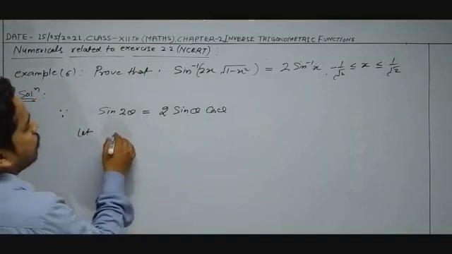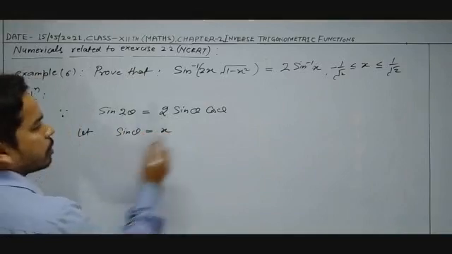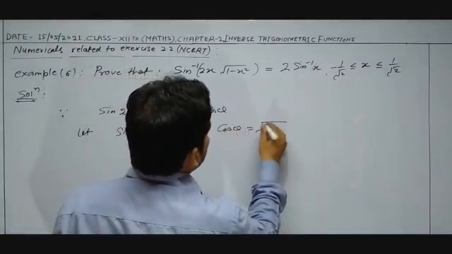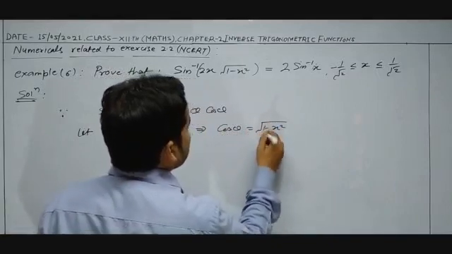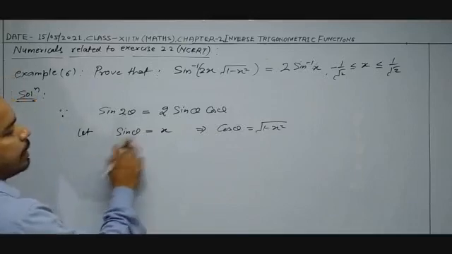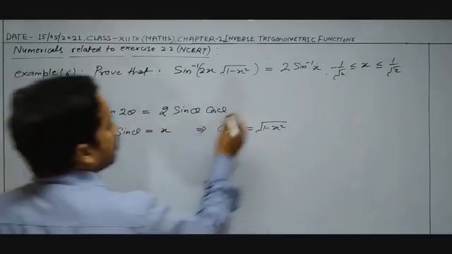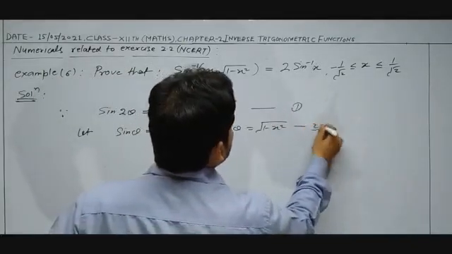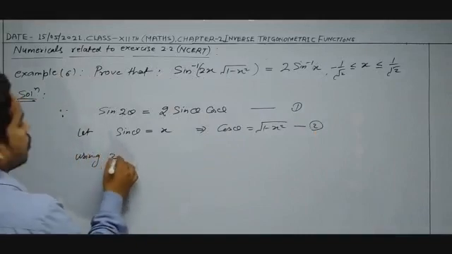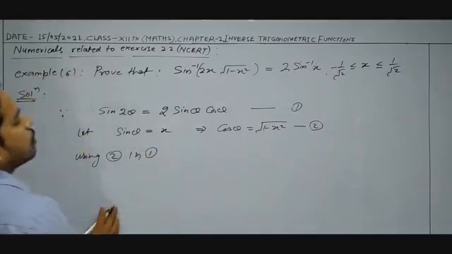Let sin theta is equal to x. This implies cos theta will be root over 1 minus x square. So we get the values of sin theta and cos theta in terms of x. We have to put the values. Consider this is equation 1 and this is equation 2. Using 2 in 1.